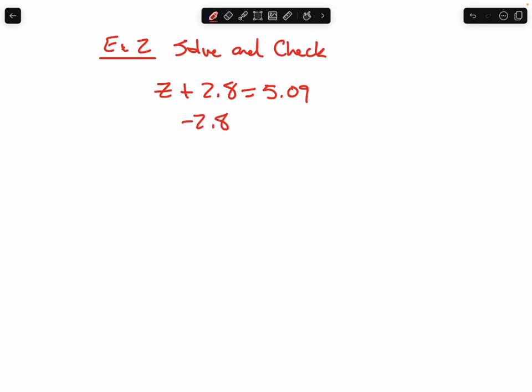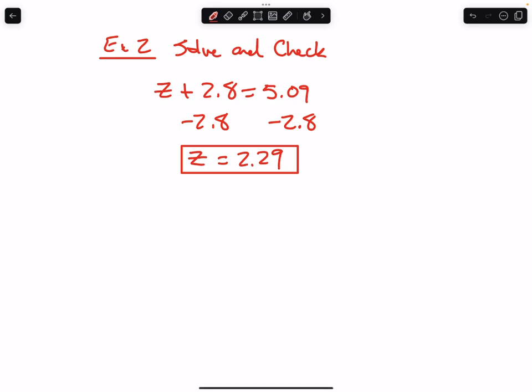If we do it to one side, we have to do it to the other, so we subtract 2.8 from both sides. Z plus 2.8 minus 2.8 on the left-hand side gives us just z, and 5.09 minus 2.8 gives us 2.29. So our solution to this equation is z equals 2.29.